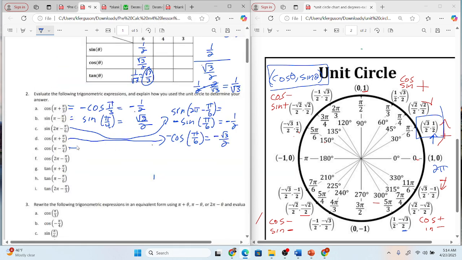So this one is going to be negative cosine of pi over 4. So negative cosine of pi over 4 is going to be negative square root of 2 over 2.